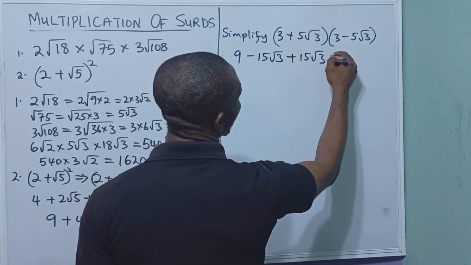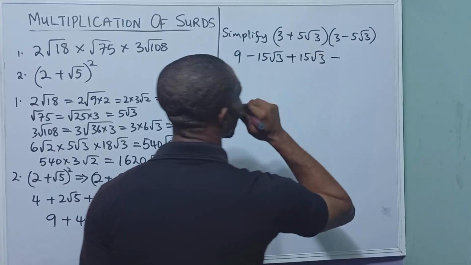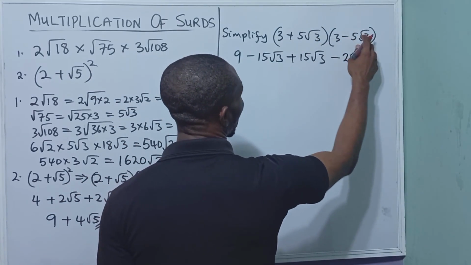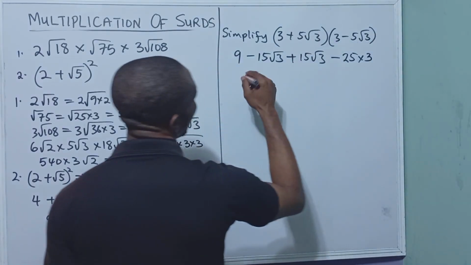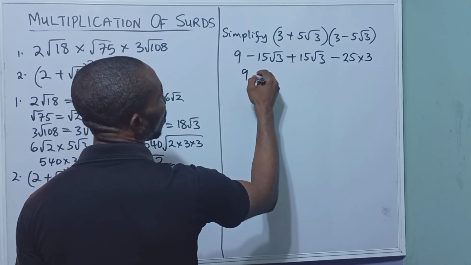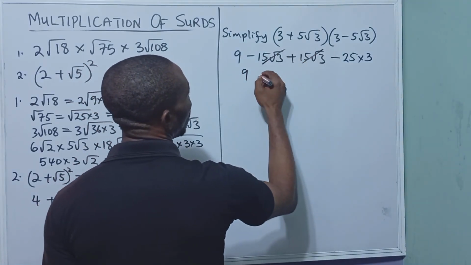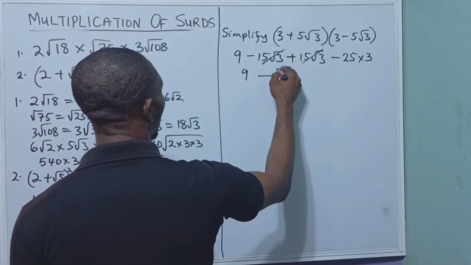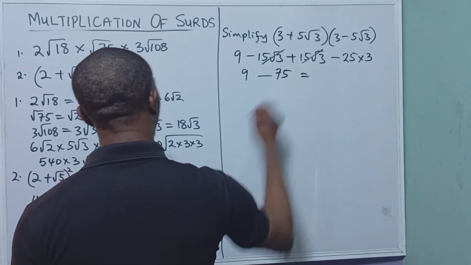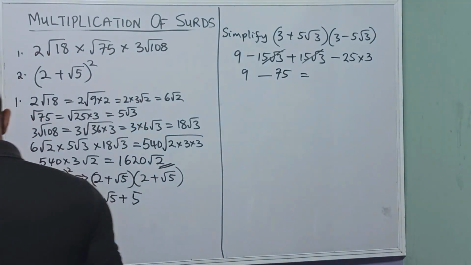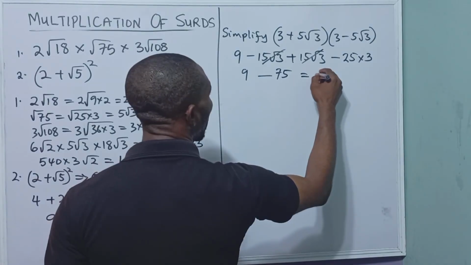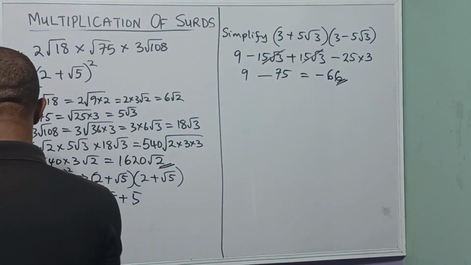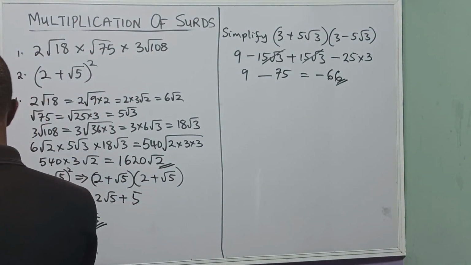And minus times plus will give us minus. 5 times 5 will give us 25 times root 3 times root 3 will give us 3. So this we have as 9. This cancels this, minus 15, and 25 times 3 will give us 75. So 9 minus 75 would give us minus 66. So the answer to this would be minus 66.